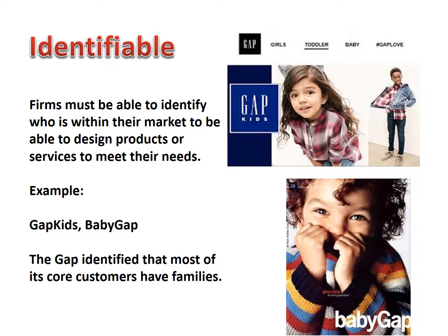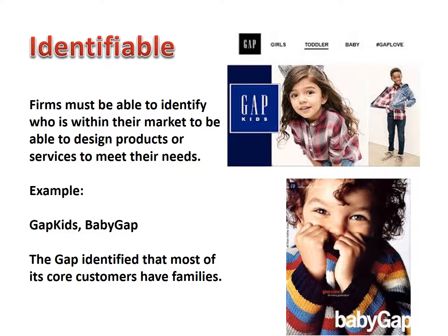Okay, let's first start with the identifiable. Firms must be able to identify who is within their market to be able to design products or services to meet their needs. An example is Gap Kids, Baby Gap. The Gap identified that most of its core customers have families.